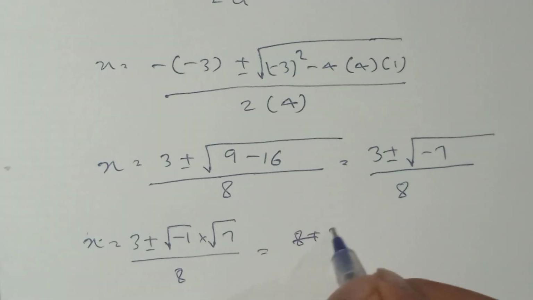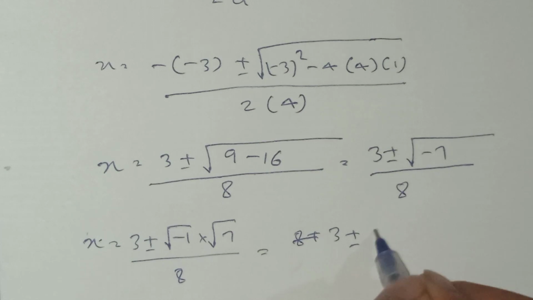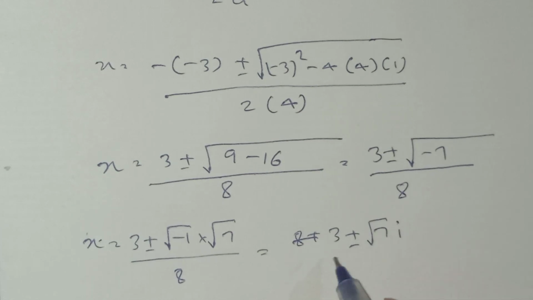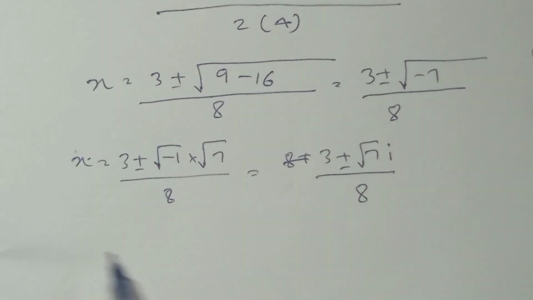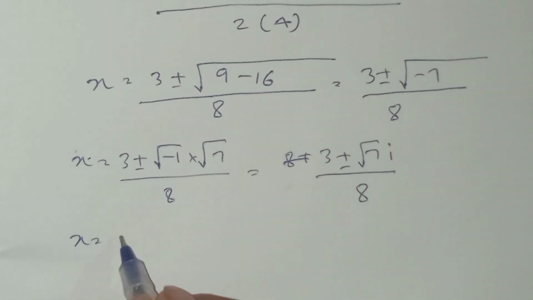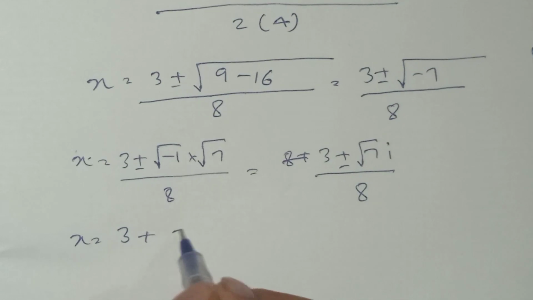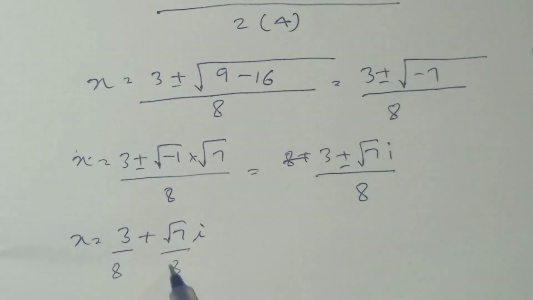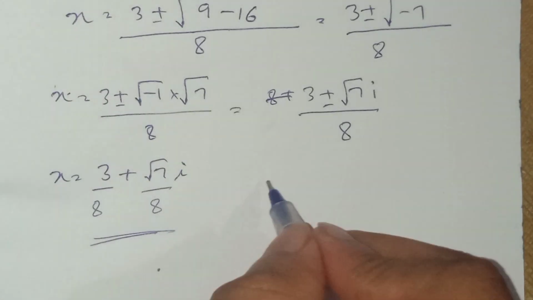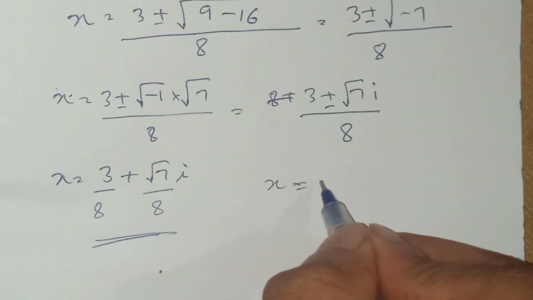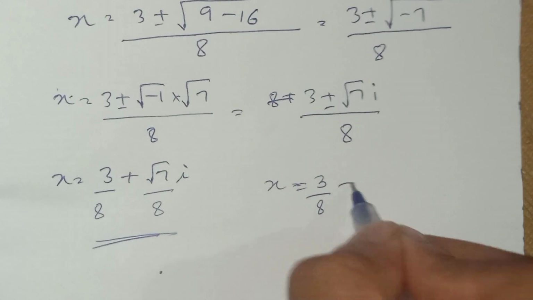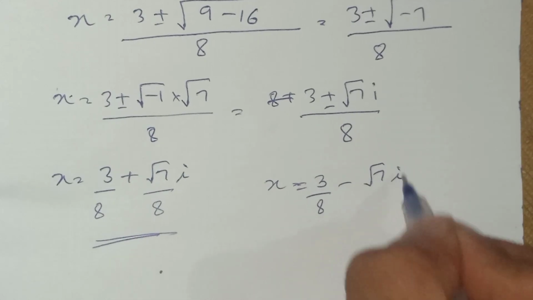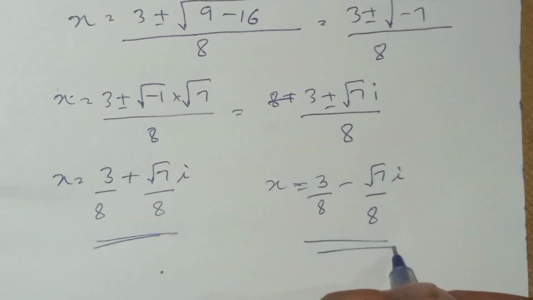We know that square root of minus 1 equals i, so 3 plus or minus square root of 7 i over 8. Then we can come to our final answer. x equals 3 over 8 plus square root of 7 i over 8, or x equals 3 over 8 minus square root of 7 i over 8.